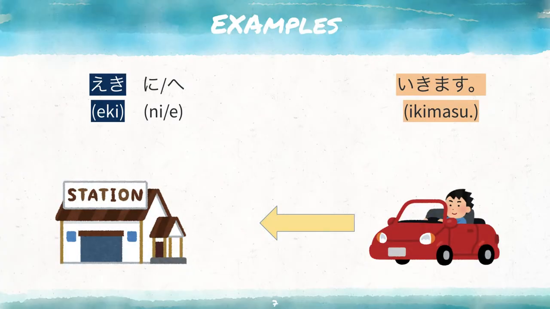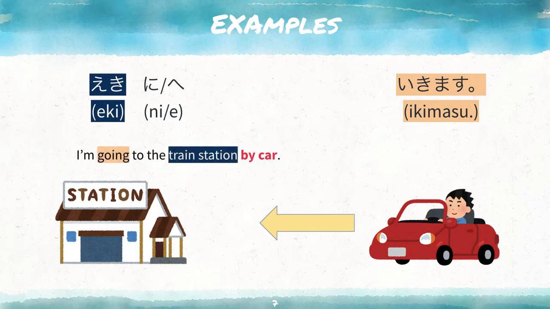This is exactly the same format, but as you can see from this picture, the man who was walking to the station is now taking his car. So he's driving his car to the station. In English, it will be I'm going to the train station by car. All we're missing in the Japanese sentence right now, eki ni ikimasu, is the information of by car.